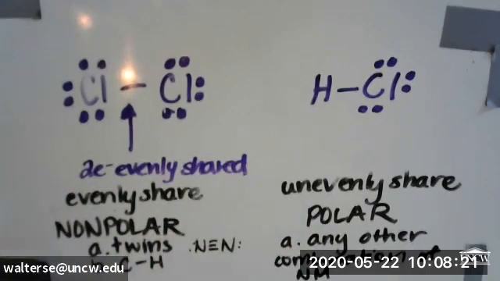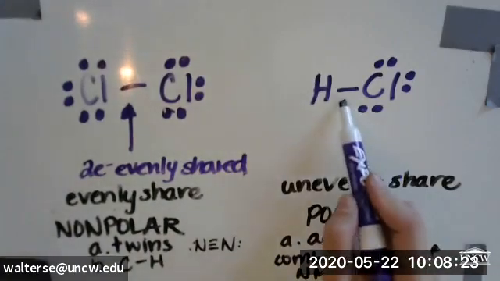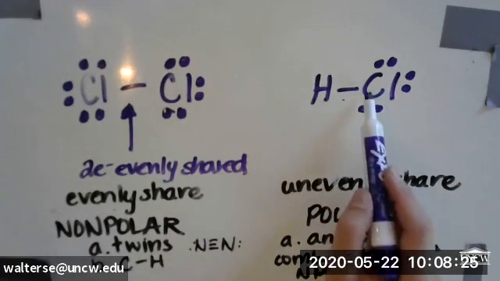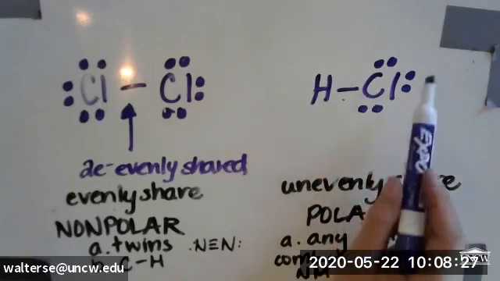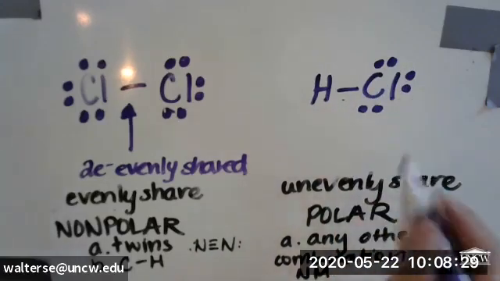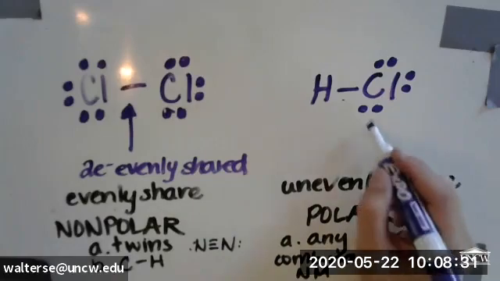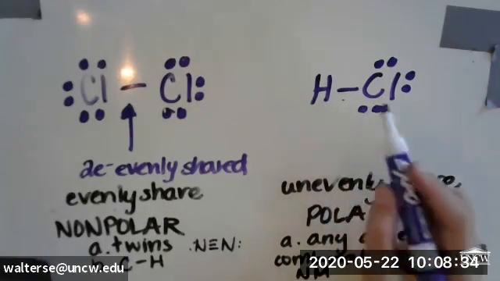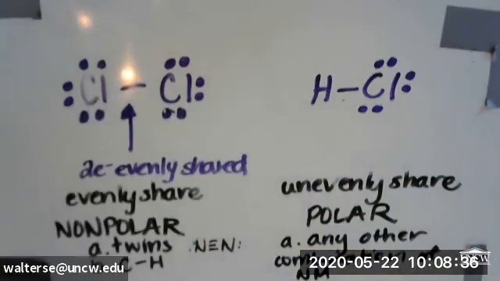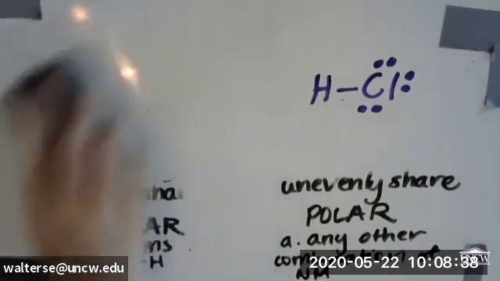On this side, with the hydrogen and the chlorine, chlorine has a greater electronegativity than hydrogen does. I'm going to take this part off. Okay.